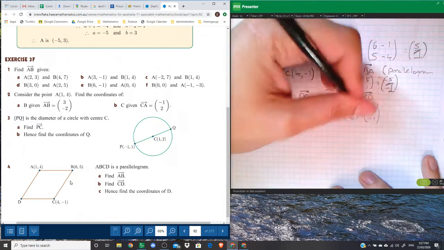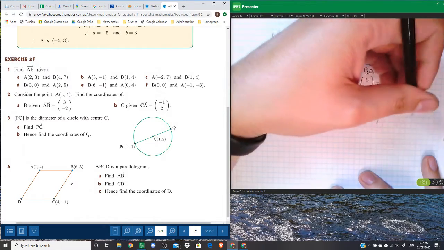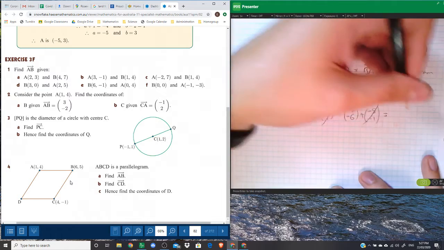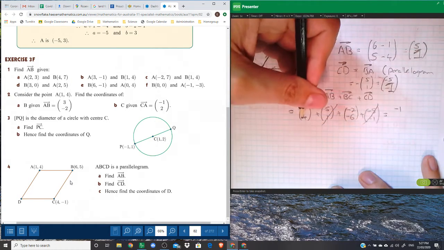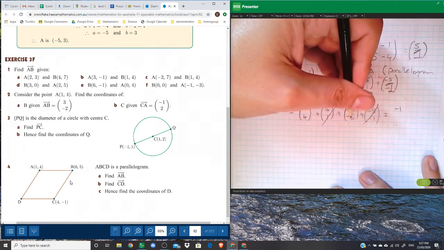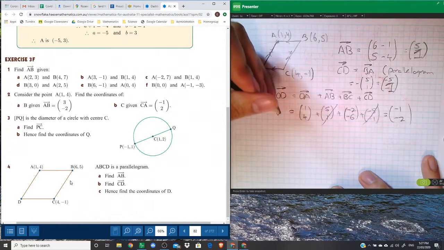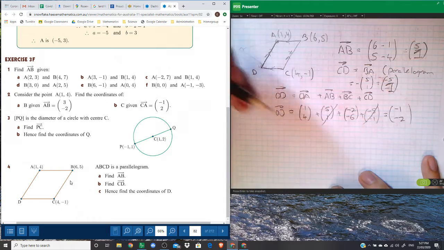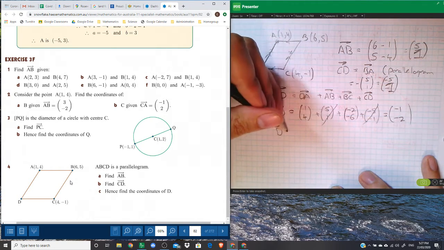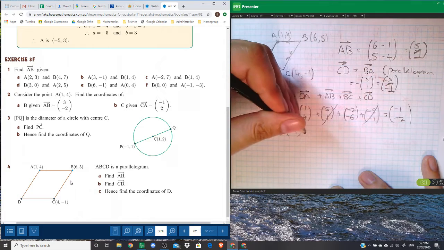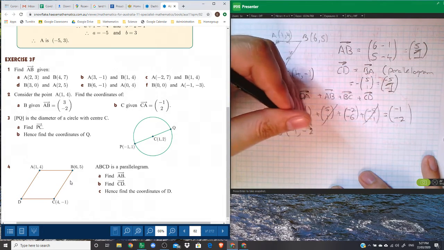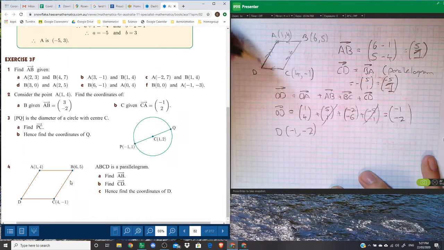Those two will cancel. Then you've got 1 take 2 is -1, and 4 take 6 is -2. So these are the coordinates of OD, that's the vector OD, I should say, and the coordinates of D are thereby -1, -2. So put that -1, -2.